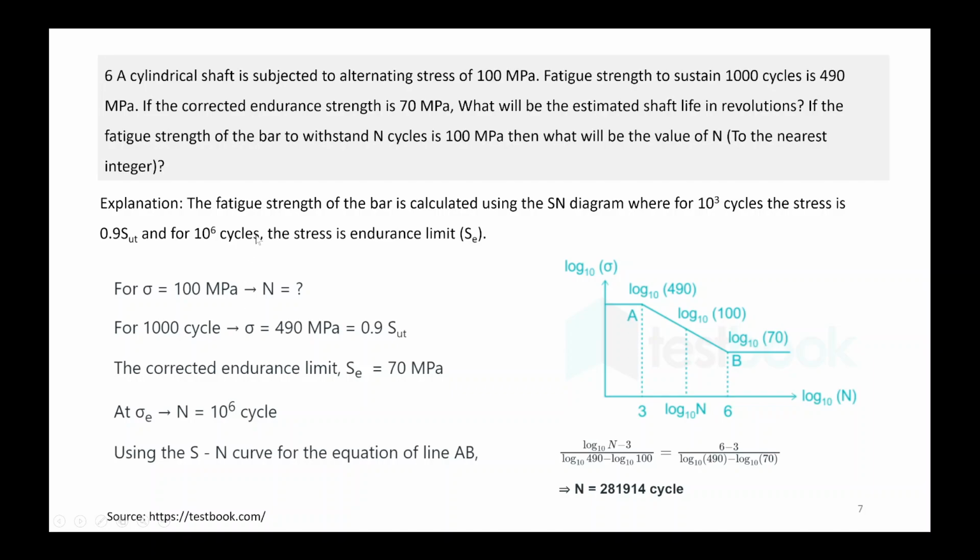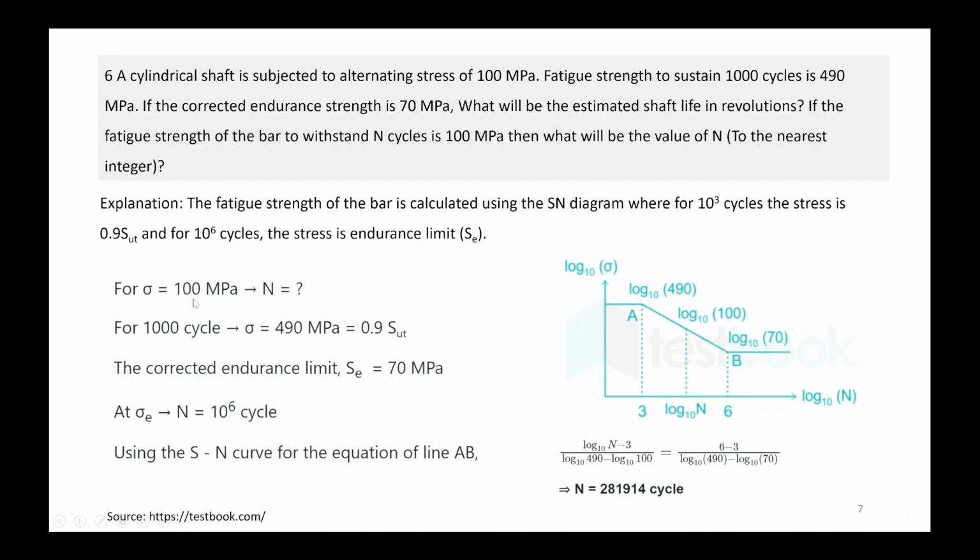Here, as shown, the fatigue strength of the bar is calculated using the SN diagram, where at 10 to the power 3 cycles the stress is 0.9 SUT, SUT being your ultimate tensile strength, and at 10 to the power 6 cycles the stress is the endurance limit.